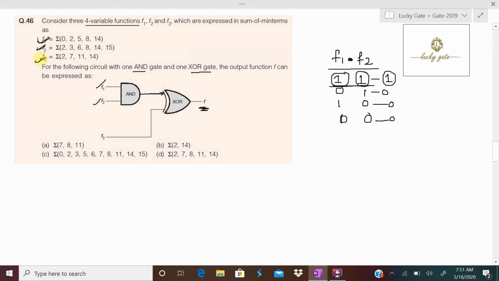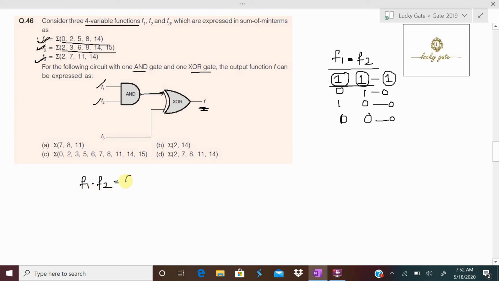Now what is f1? Just try to understand. f1 is 0 2 5 8 14. What is f2? 2 3 6 8 14 and 15. Now what will f1 and f2 give? f1 and f2 will give those minterms that are common in both.